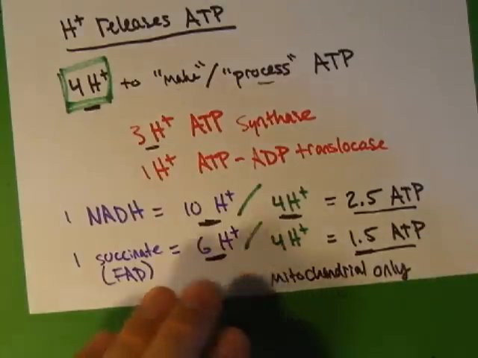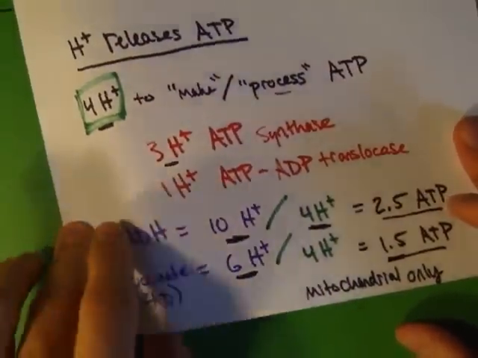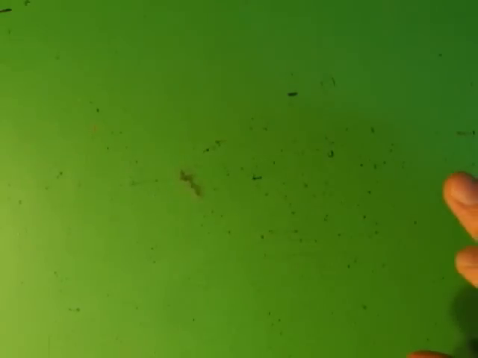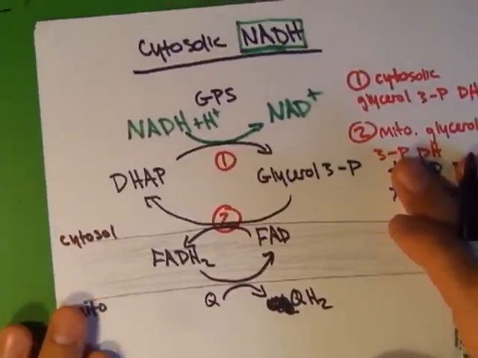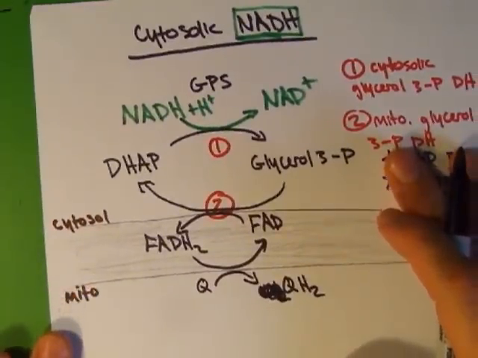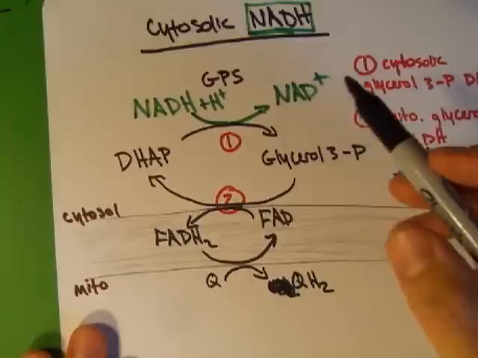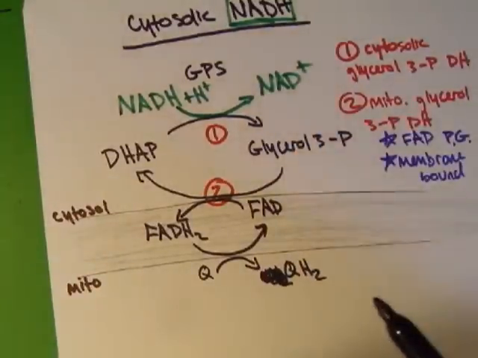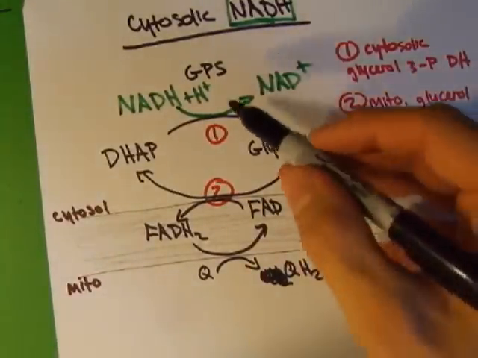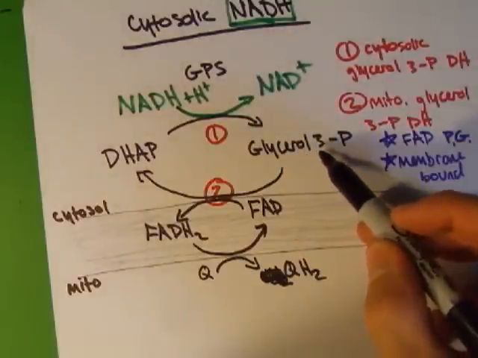Remember, this is for the mitochondria only. In glycolysis, there was some NADH that was made in the cytosol. And that cytosolic NADH can get in 2 ways. The first one is the GPS shuttle. So the GPS stands for glycerol 3-phosphate.